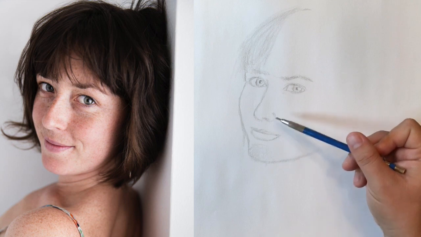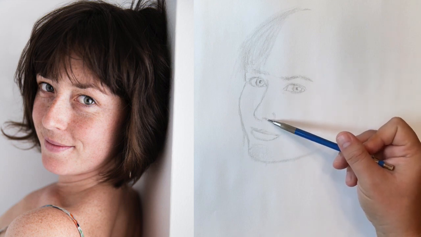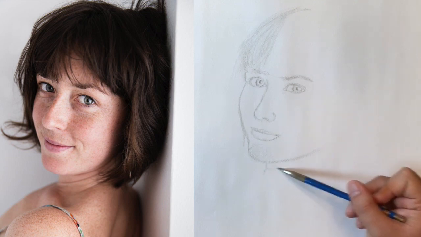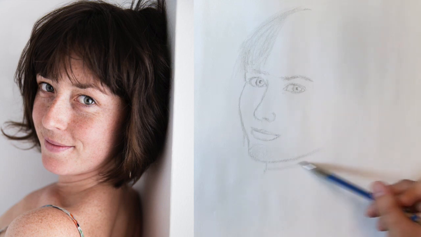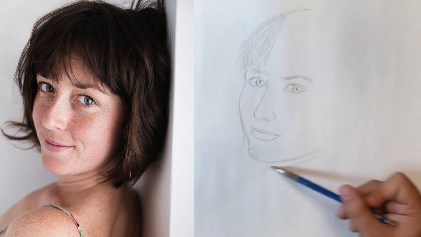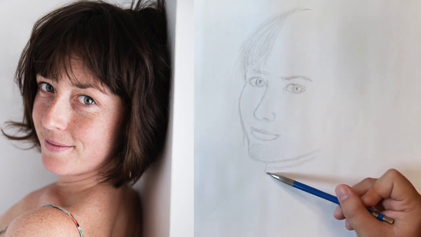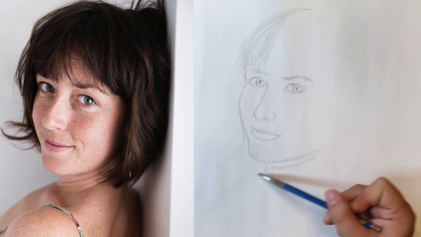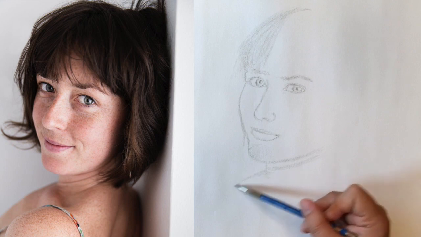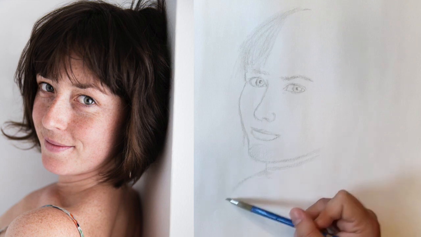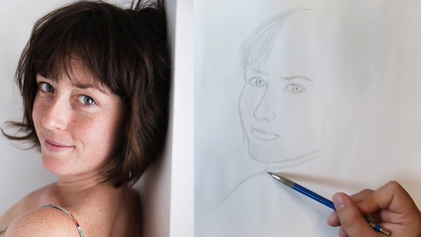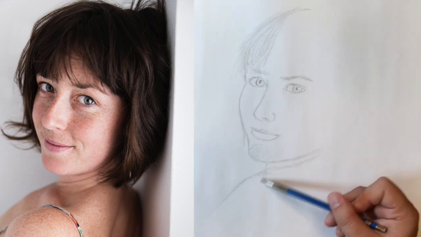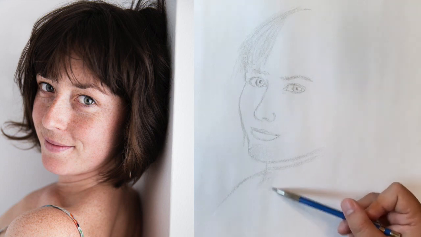I'm just doing a vertical line up and seeing that it kind of starts right where her nostril is. So it's still the same process that we've been covering in all my other videos, making sure that all the points relate to each other correctly, and that will get you in the door.